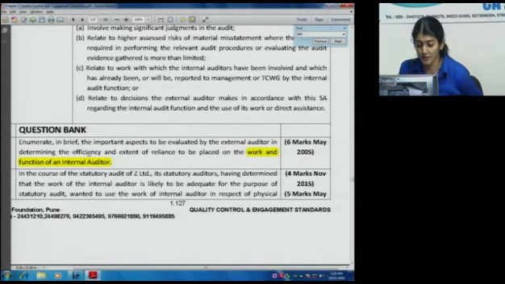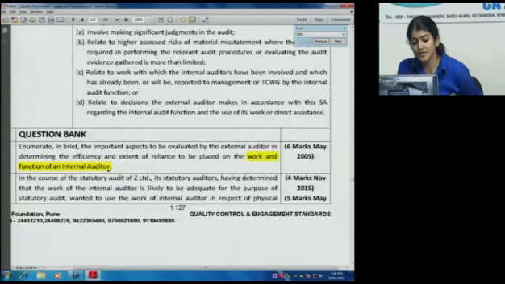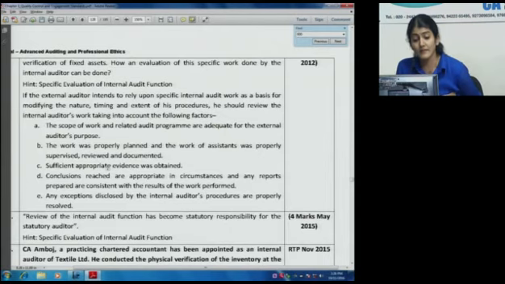Right. Second question. In the course of statutory audit of Z Limited, its statutory auditor having determined that the work of the internal auditors is likely to be adequate for the purpose of statutory audit, wanted to use the work of internal auditor in respect of physical verification of fixed assets.